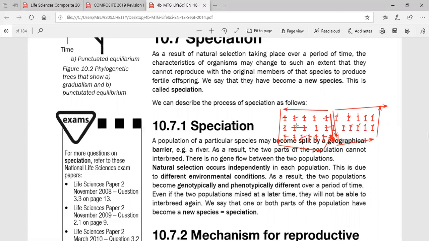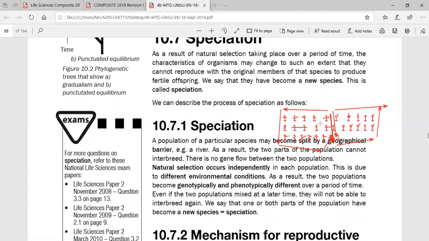So when they became separated, there was no way they could reproduce with each other. In other words, there was no gene flow. Only when you reproduce, there's gene flow. Okay? So because these guys couldn't reach those guys, they couldn't reproduce with each other. Then each one underwent natural selection. Then each population became genotypically and phenotypically different.